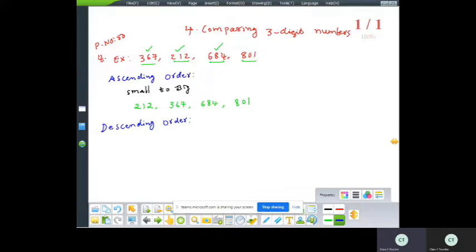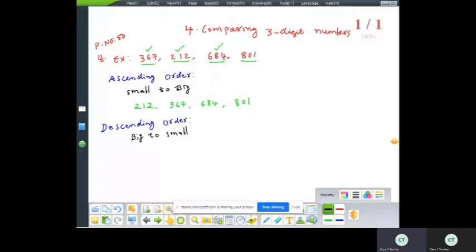Children, what is the meaning of the descending order? We arrange the numbers from big to small. Big to small is called descending order. Descending order is the reverse process of ascending order.